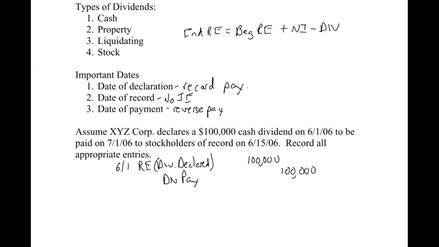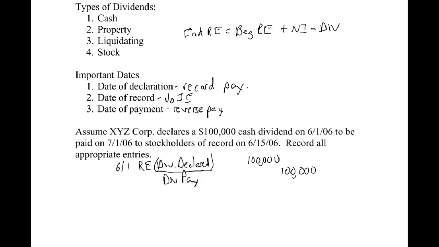I know a lot of books use dividends or dividends declared, and that's fine. The reason they do that is because if you think back to, I don't know, probably chapter 2, 3, or 4 in your book where we did the accounting cycle, at the end we do the closing journal entries.